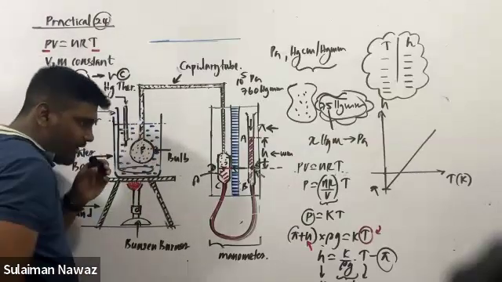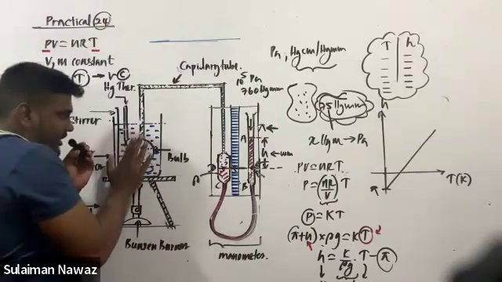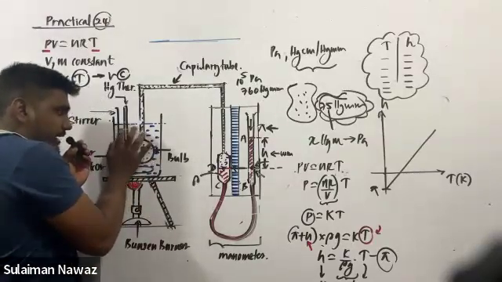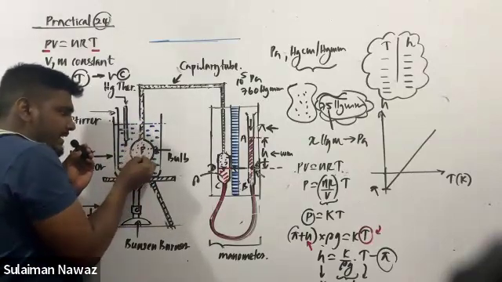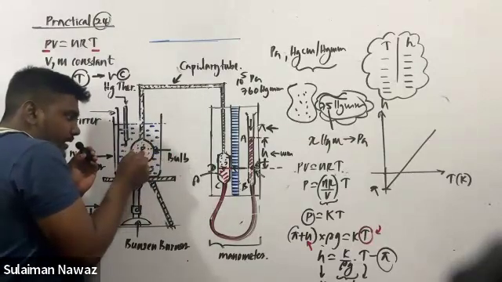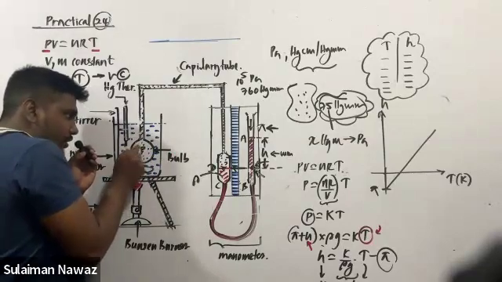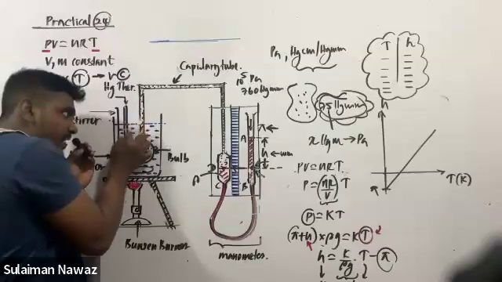To ensure that, they are telling two conditions must be there. First condition is the thermometer reading should not vary with time. The moment you are taking the reading, if you want to ensure the temperature of the gas is shown by the thermometer reading, the thermometer reading should not vary.